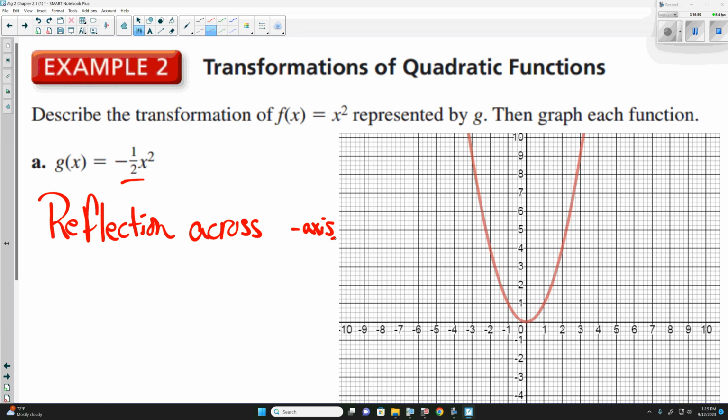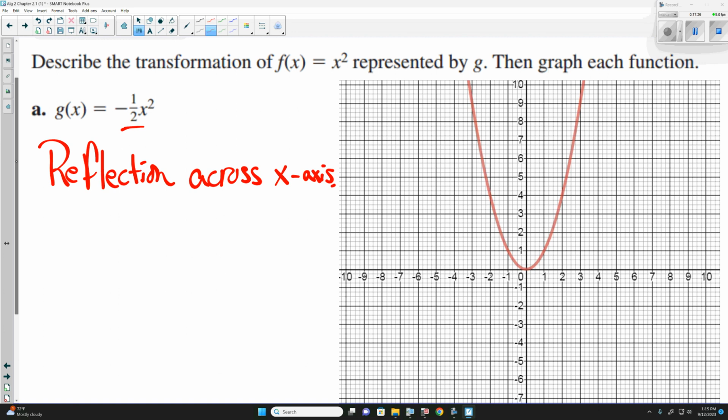Is it inside the parentheses or outside the parentheses? Outside, so it would be x-axis. Inside is the y-axis. Outside parentheses is the x-axis. Inside the parentheses is the y-axis. If there are no parentheses given, it's understood to be outside. So the negative is a reflection across the x-axis.